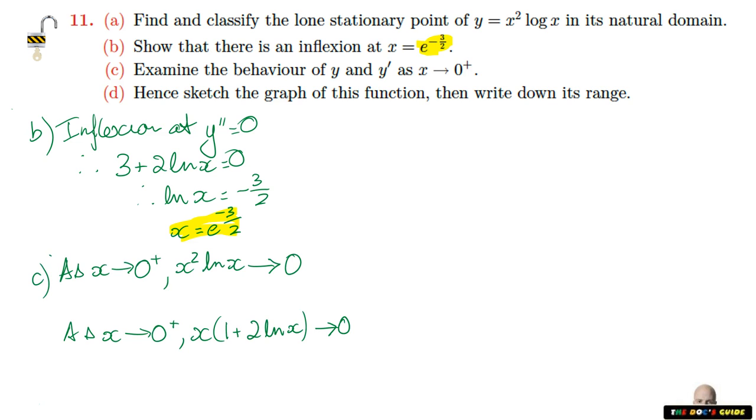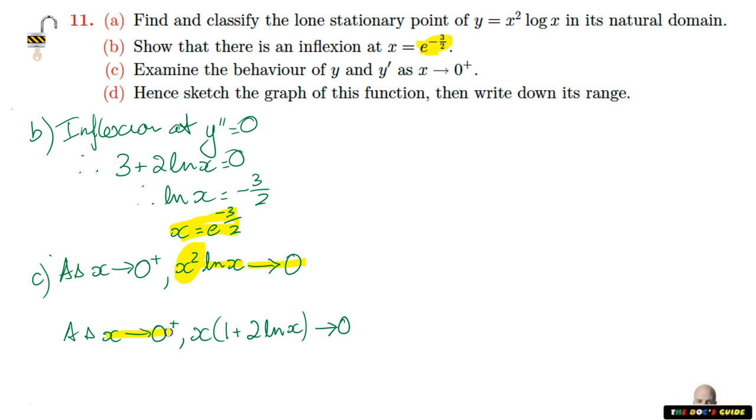And after that, examine the behaviour of y and y dash as x tends towards 0 from the positive side. Well, as x tends towards 0 from the positive side, this product of the two tends towards 0, so the x dominates. X will tend towards 0.